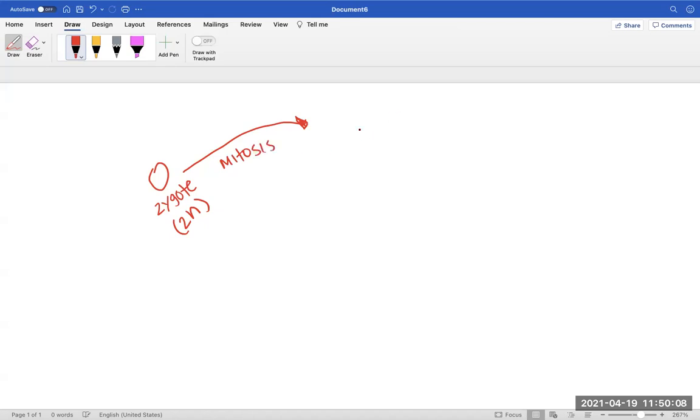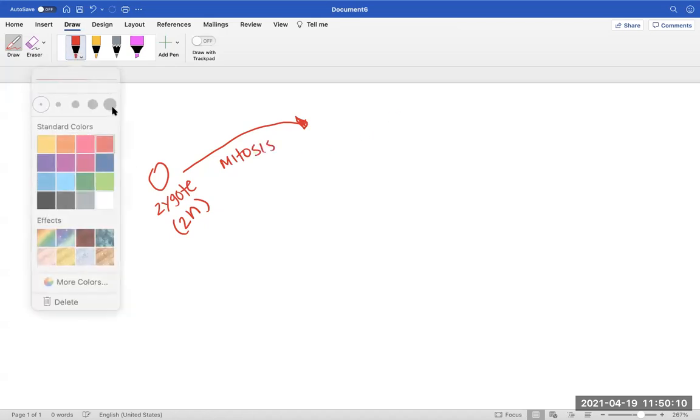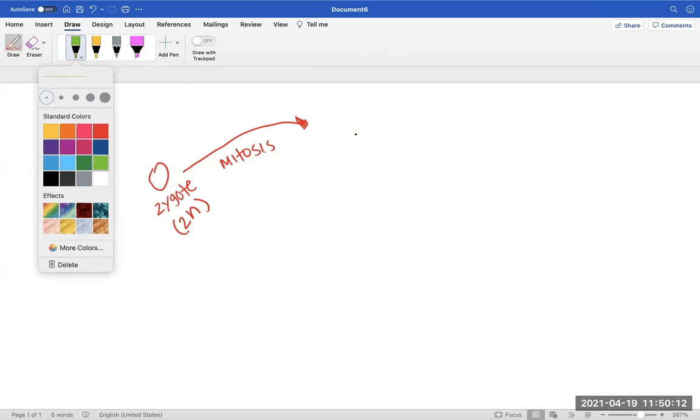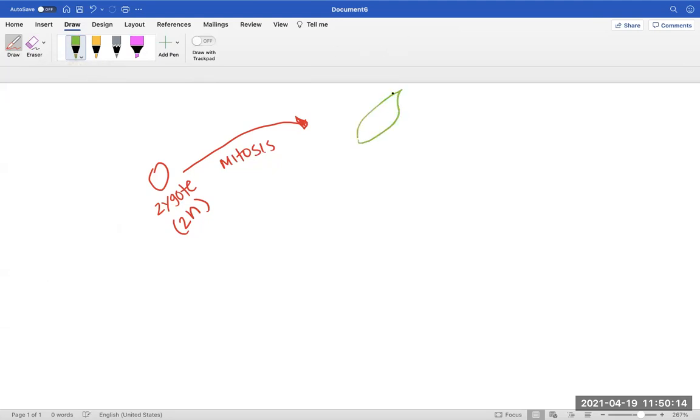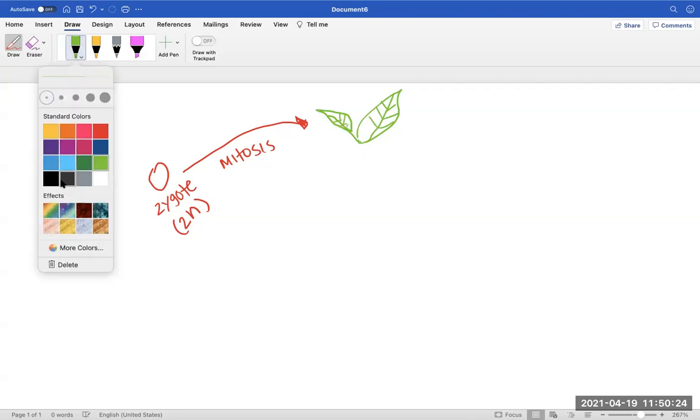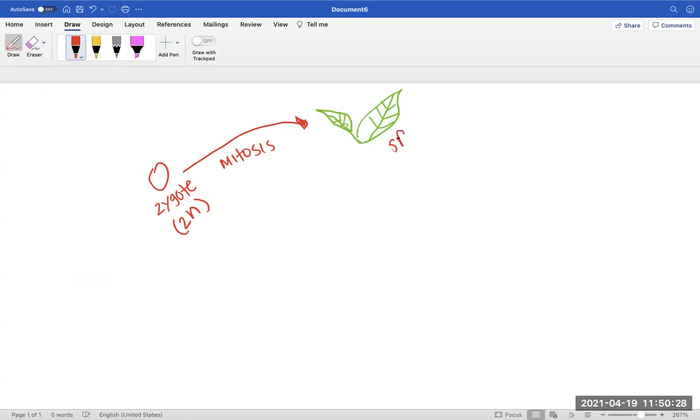And it's going to now try to draw the leaves here. Turn into a sporophyte. Can you remember if a sporophyte is diploid or haploid?